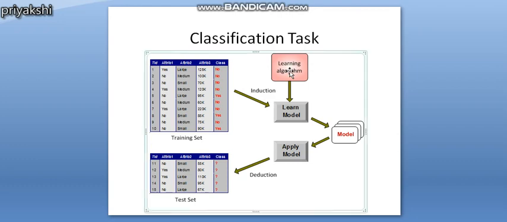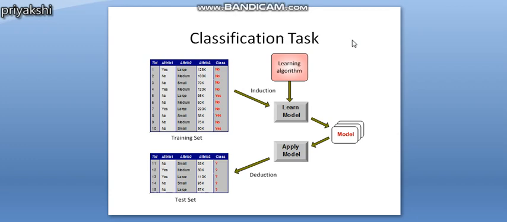Every classification technique employs a learning algorithm to identify a model that best fits the relationship between the attribute set and the class label of the input data. As we remember, the input is the attribute set and the output will be the class label.